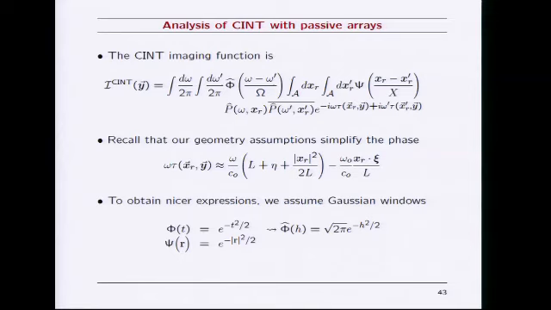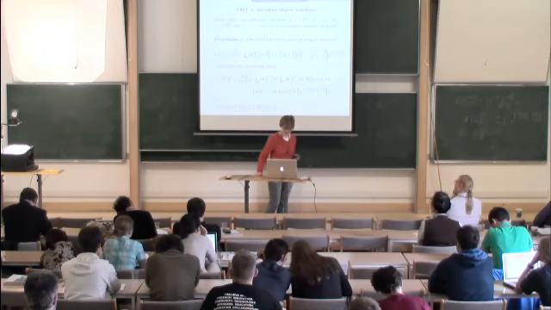Okay, so that's the idea. These window functions can be any functions, but for the calculations it's simpler to consider Gaussians again, because everything is easy to integrate if it's Gaussians.